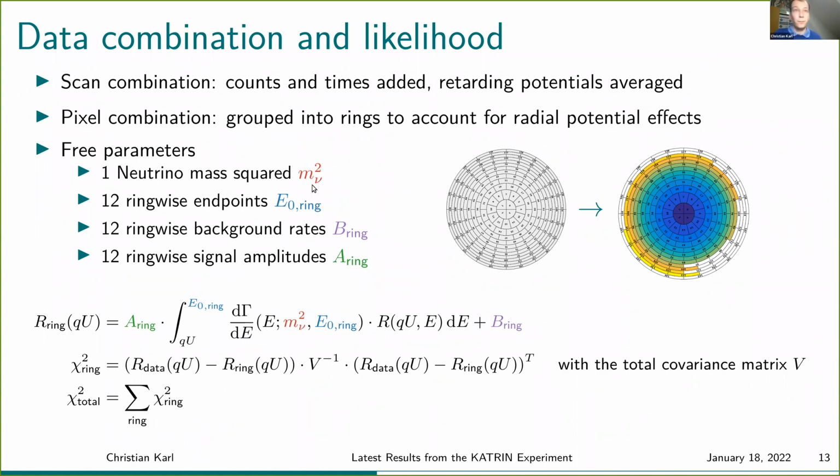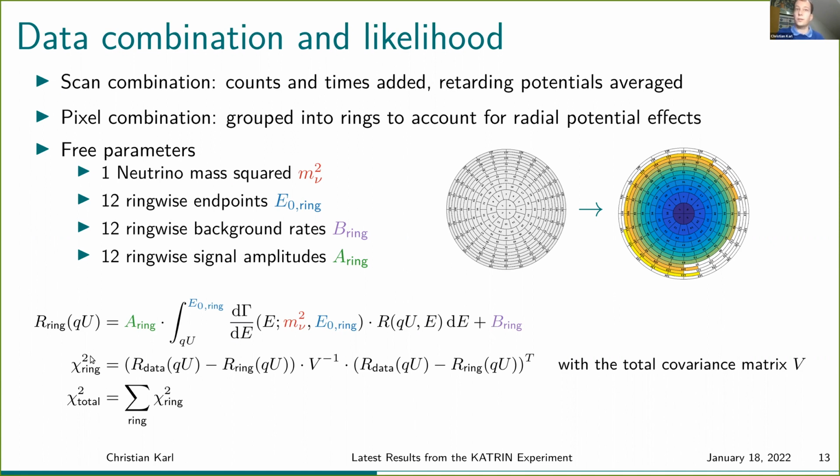There's just one in nature. And then we have 12 ring-wise of these endpoints, which will absorb any of these energy scales or potential effects. We also have a different background rate in each ring, and we allow for a different signal amplitude. So we end up with this model that we had before per ring, where we have a signal, an endpoint, and a neutrino mass squared, as well as a background.